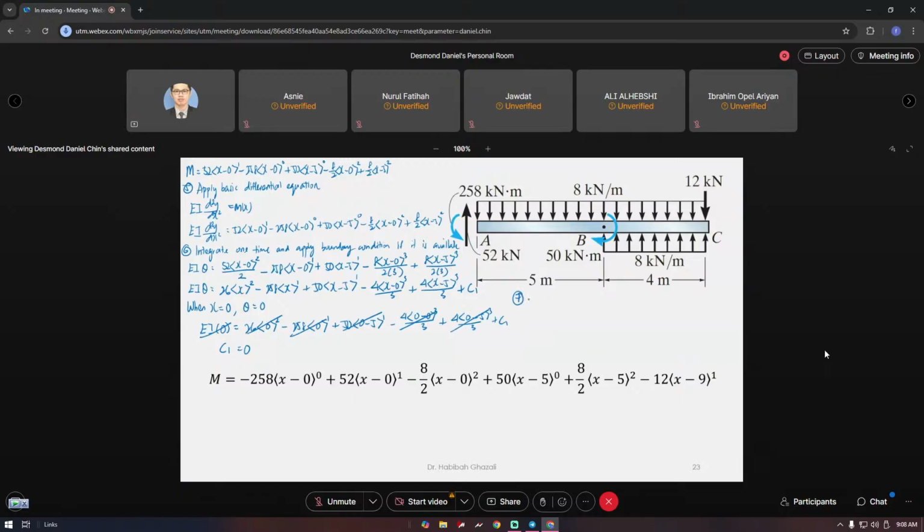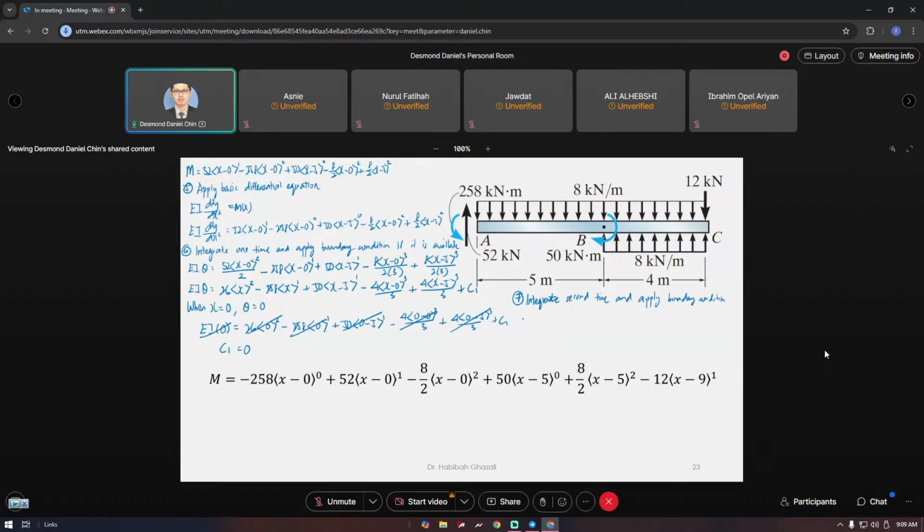Integrate a second time and apply the boundary condition.